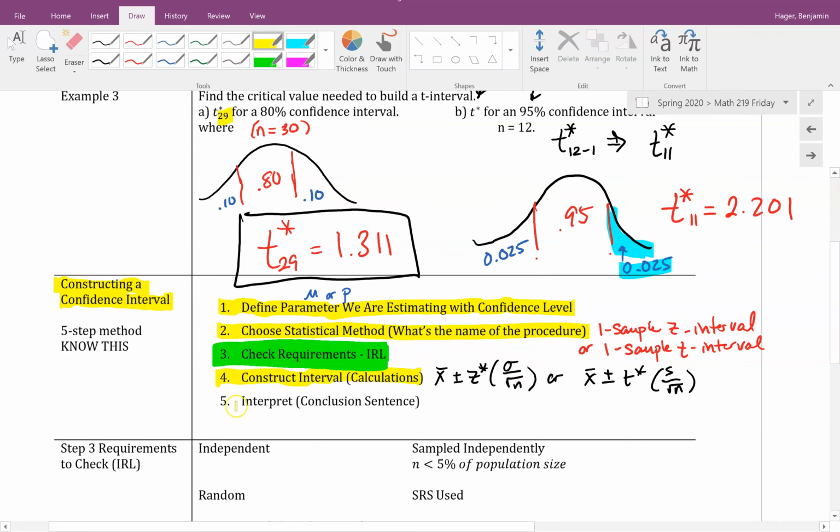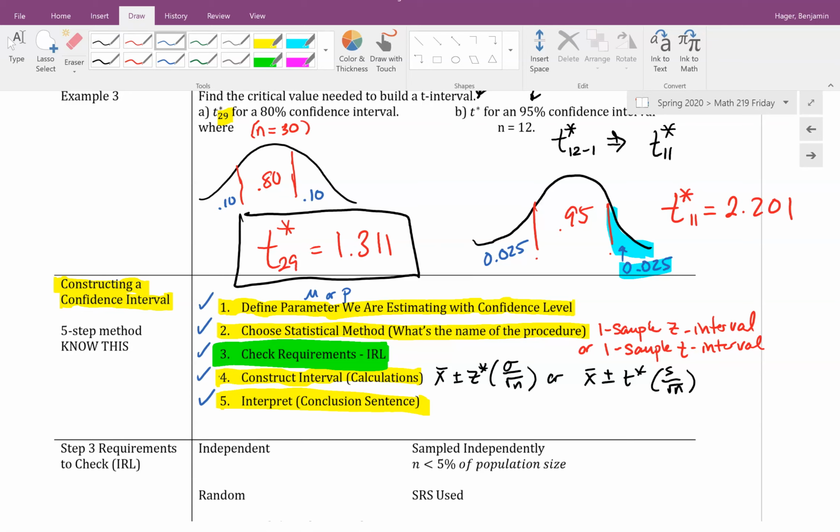And then the very last thing is to basically interpret your findings. Write out the conclusion sentence that says, here's my answer. So these 5 steps we will do every time. And the good thing about having those 5 rigid steps is it makes the problems easy. You don't sit there and stare at a problem and wonder, gosh, I don't know how to start it.